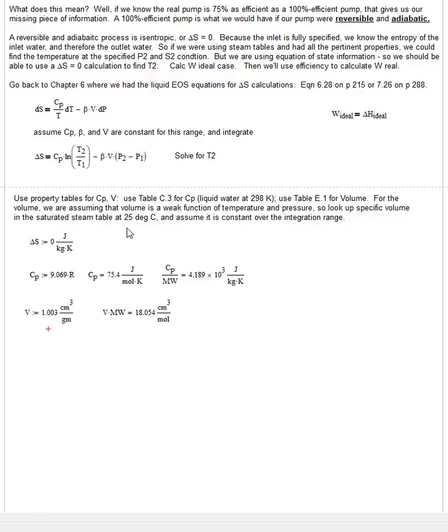It's quite a bit lower, right? If you look on table E1 for the saturation pressure at 25 degrees C, let me go ahead and look that value up. So at 25 degrees C, saturation pressure is only 3.166 kilopascals.